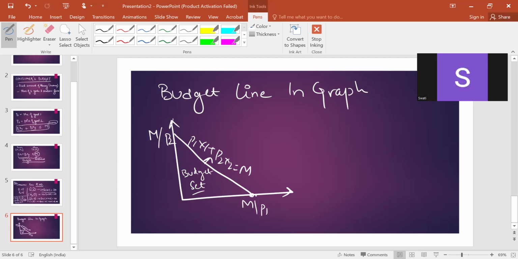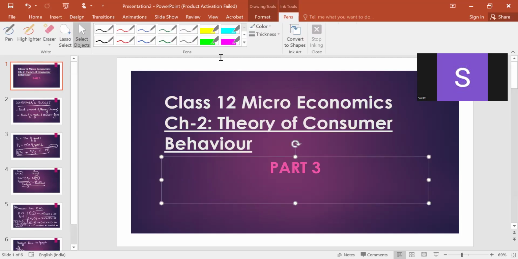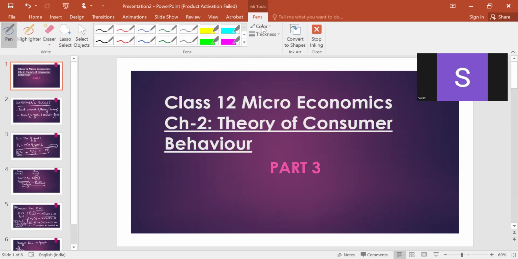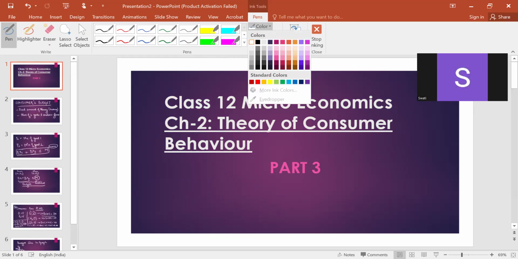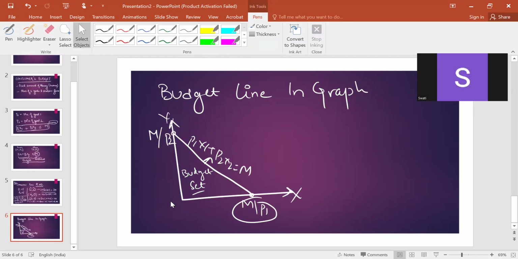Now here, how does this come up? This is also very interesting. Basically, this point comes up when x2 is 0.